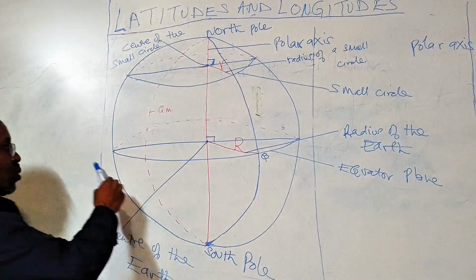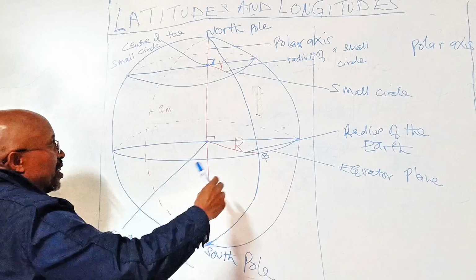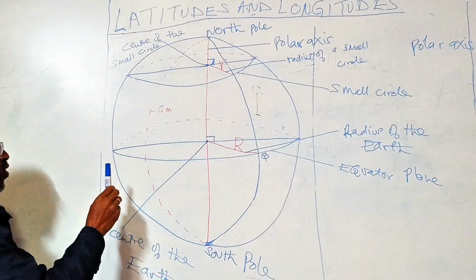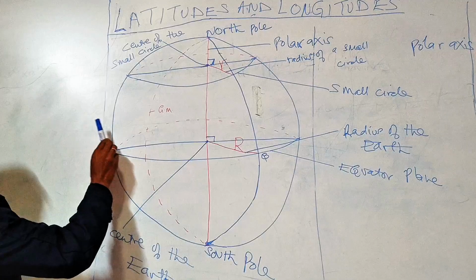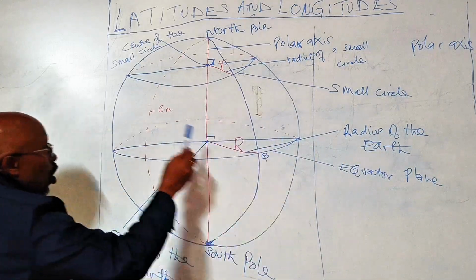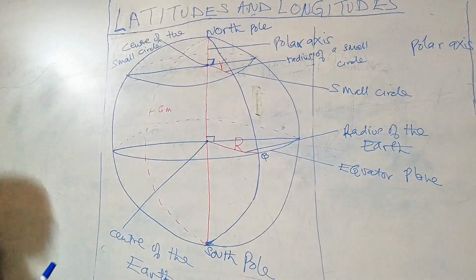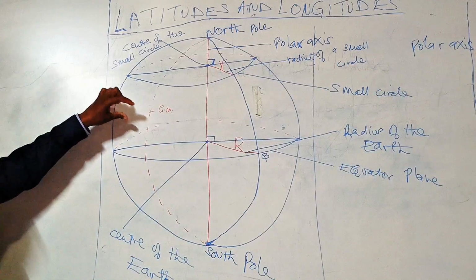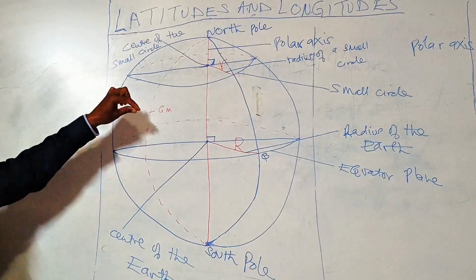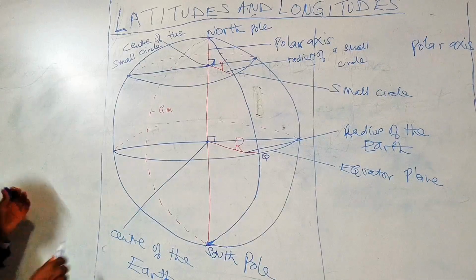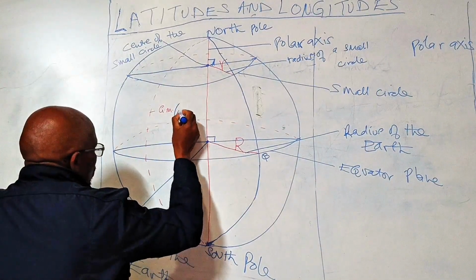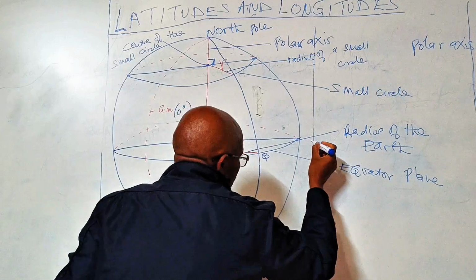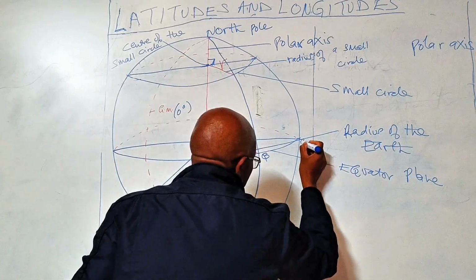Just like we use the equator as a standard so that all the latitudes are north or south of the equator. The Greenwich meridian is given as 0 degrees. The same case with the equator, it is also given as 0 degrees.